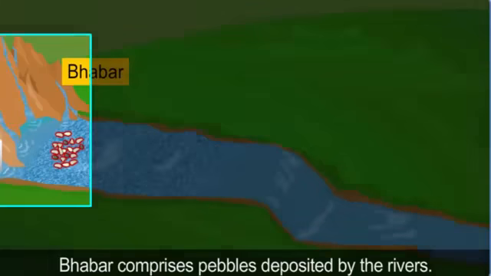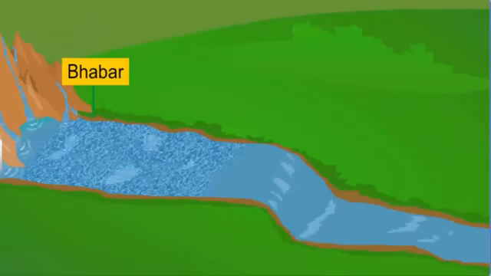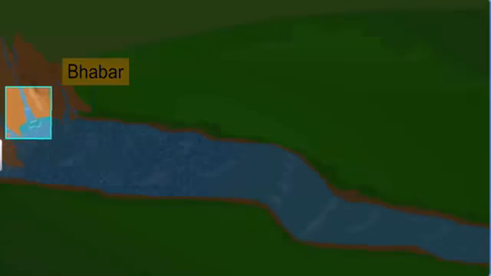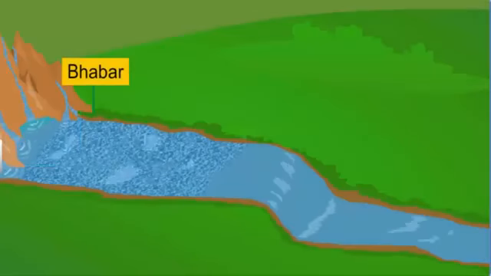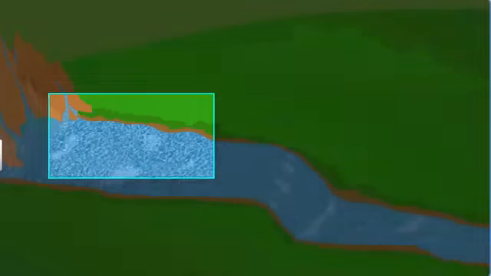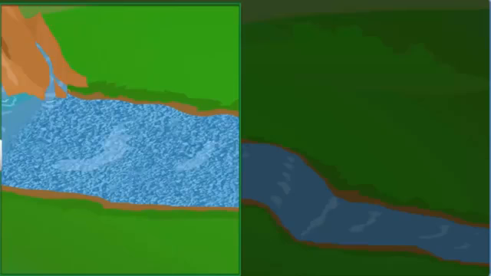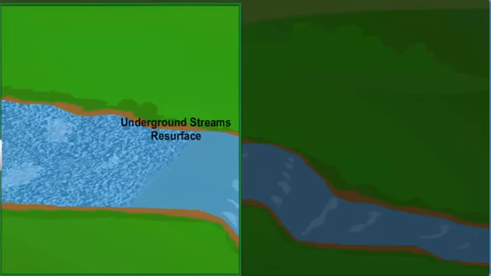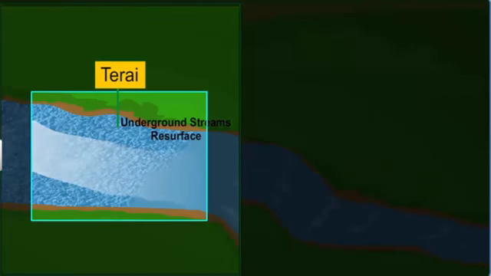Interestingly, all the streams disappear in the Bhabar belt. Therefore, the level of groundwater is very deep here. Moving south of the Bhabar belt, you come to the next region, Terai. All rivers and streams that disappear in the Bhabar belt resurface in this region.